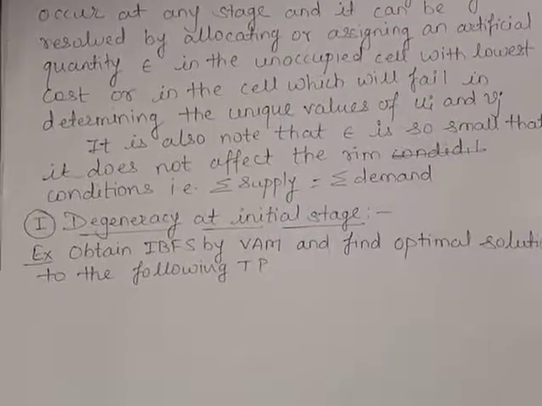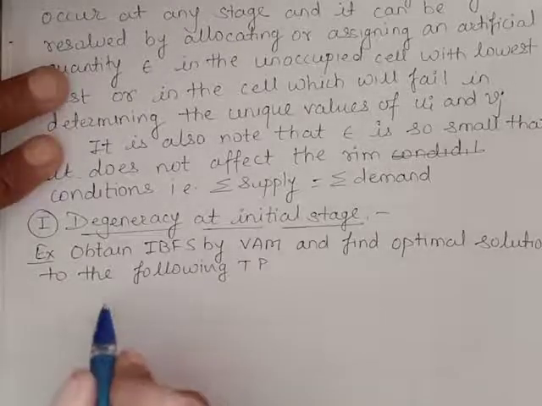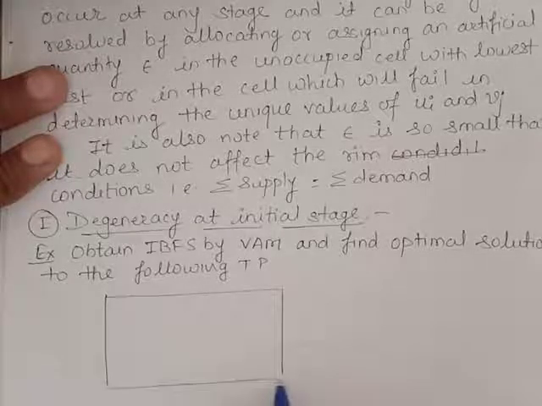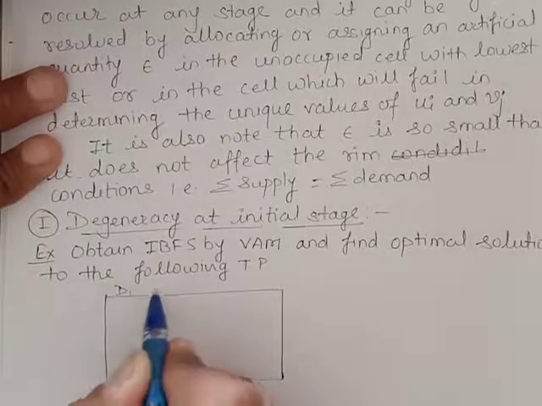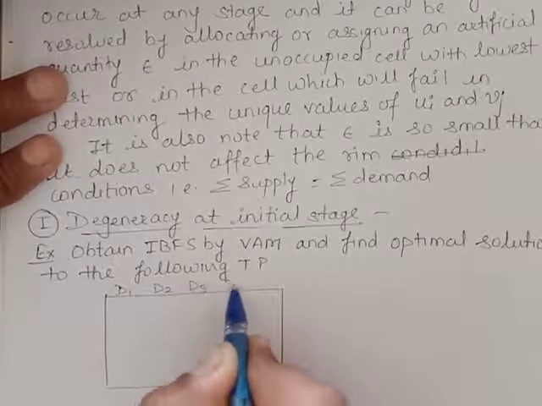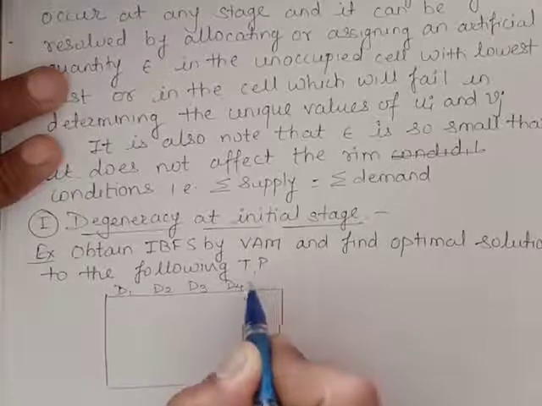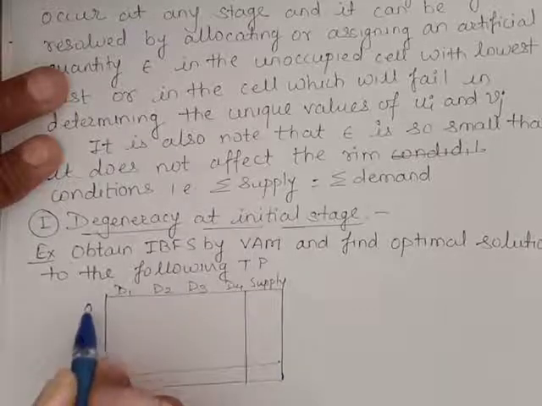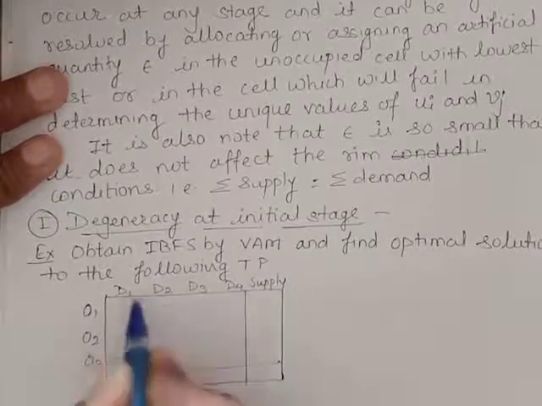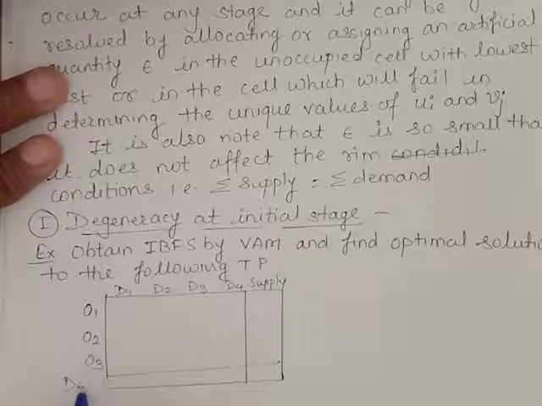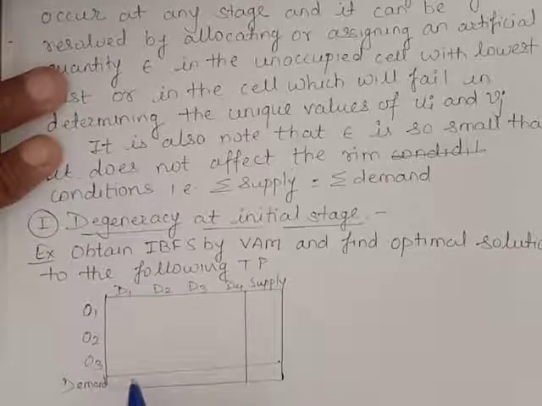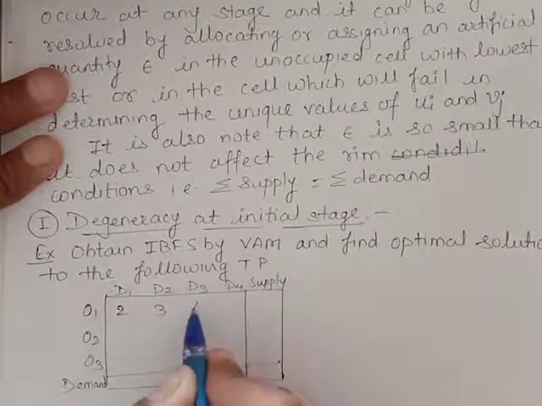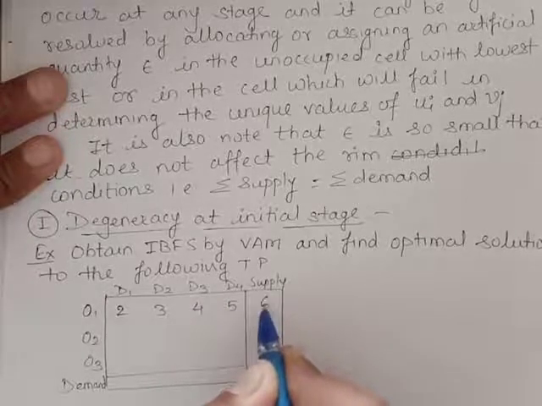And the transportation problem is: D1, D2, D3, D4 and here supply, and here origin 1, origin 2, origin 3, these are destinations. Here demand. The costs are 2, 3, 4, 5 and the supply is 6.